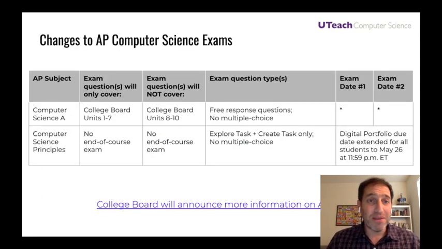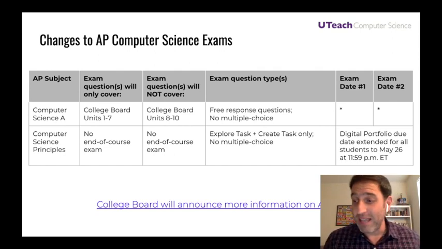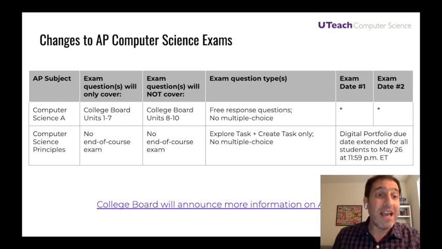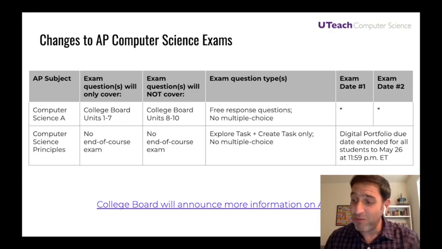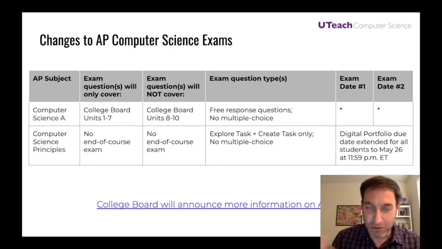So let's begin by talking about the changes that are coming to the AP exams, and not only the AP CSP exam, but first I want to talk about the AP CSA exam. And the only reason why I want to talk about that is don't get confused. CSA only is having free response questions. It never has multiple choice questions. So it's just free response questions.